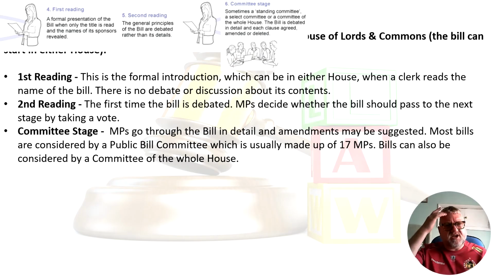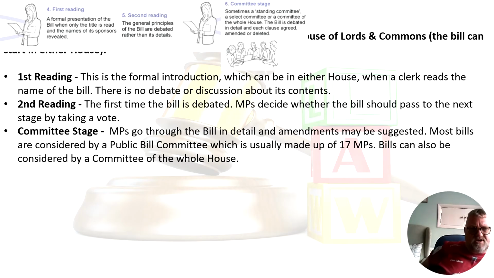Each clause is agreed, amended, deleted, etc. But that's not done by all 650 MPs, it's done by groups of 17 MPs, which reflect the makeup of the Houses of Parliament. There'll be lots of different committees looking at lots of different bills. It's part of the work of an MP.